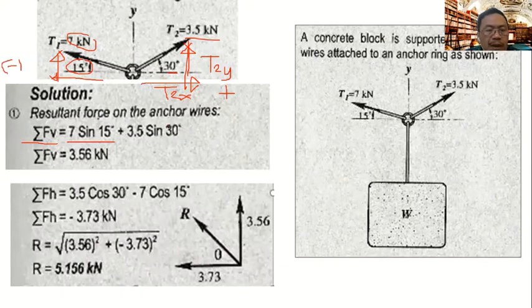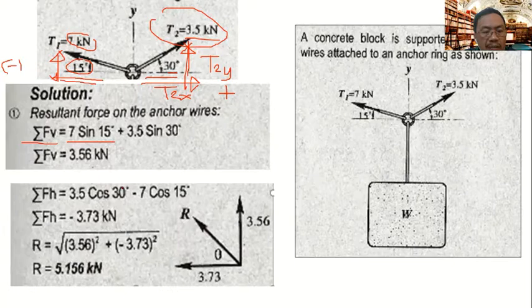Okay? So you have here this 3.5, itong T2 is positive. That is this function is cosine of 30. Whereas this T1 is in opposite direction. This function is cosine as well but negative. So meron tayong negative dito 3.73 kilonewton for the horizontal force, which means it's going to the left. And then for the vertical force, going to the right and 3.56.